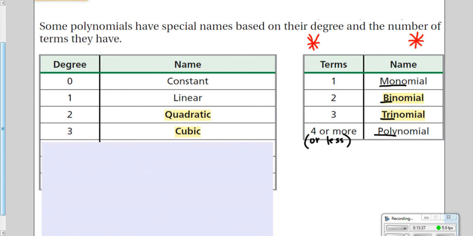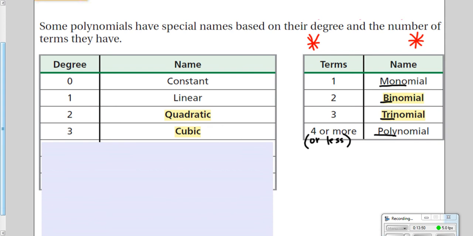You don't even have to have 4 or more. Any of those, all of those are polynomials. It's kind of like how quadrilateral contains both squares, rectangles, parallelograms, everything, but a square, not everything is a square, if that makes sense. So anyways, that's how you name them. Monomial has 1 term, binomial has 2, trinomial has 3, polynomial has 4, okay? That's how you name them based off of their terms.